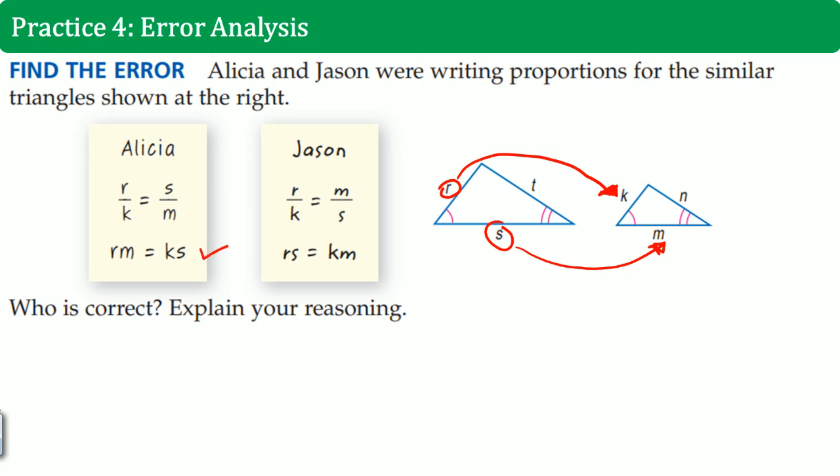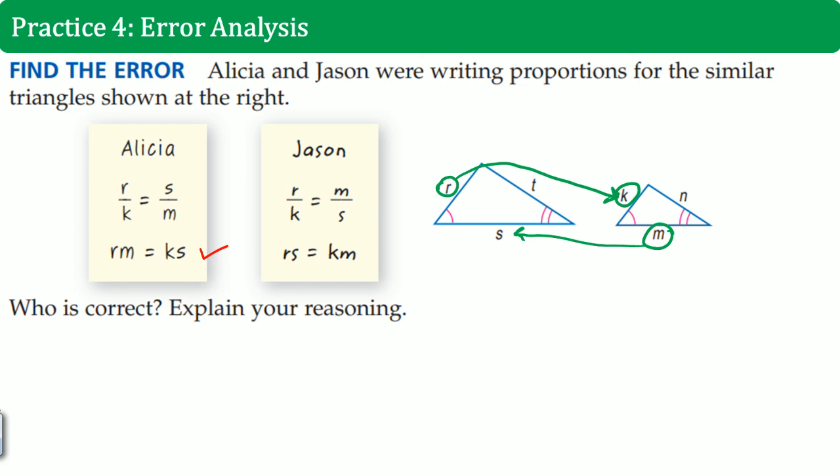Let's look at the way Jason did it now. Jason went R over K, so R over K is equal to M over S. Not quite.